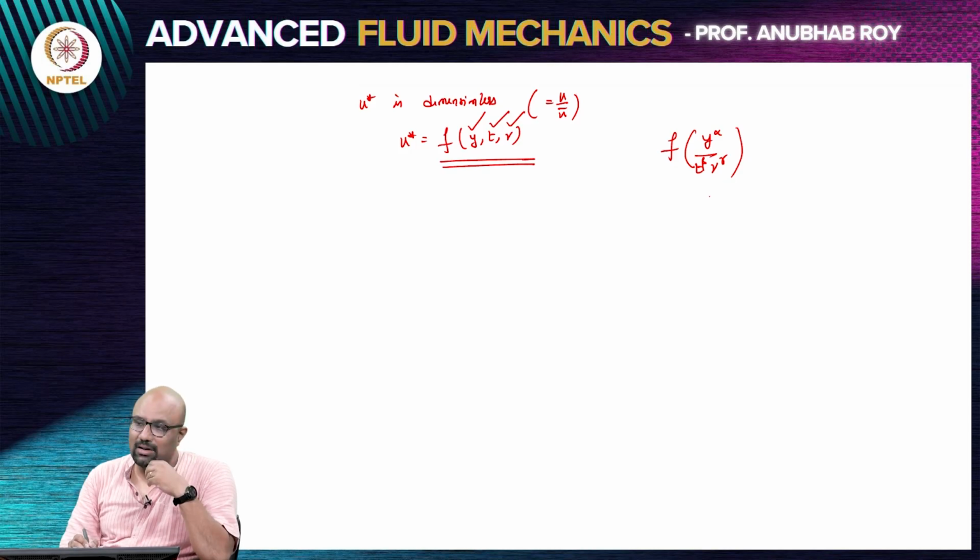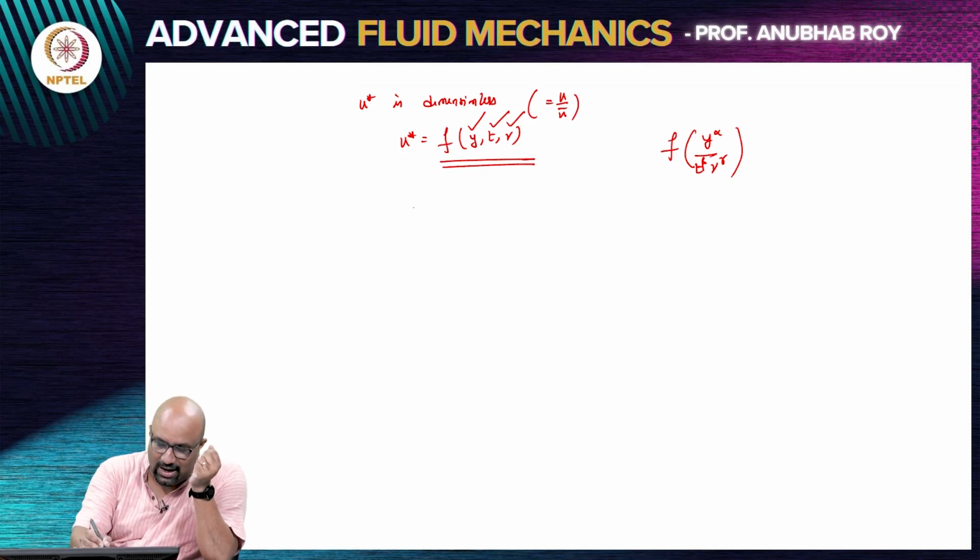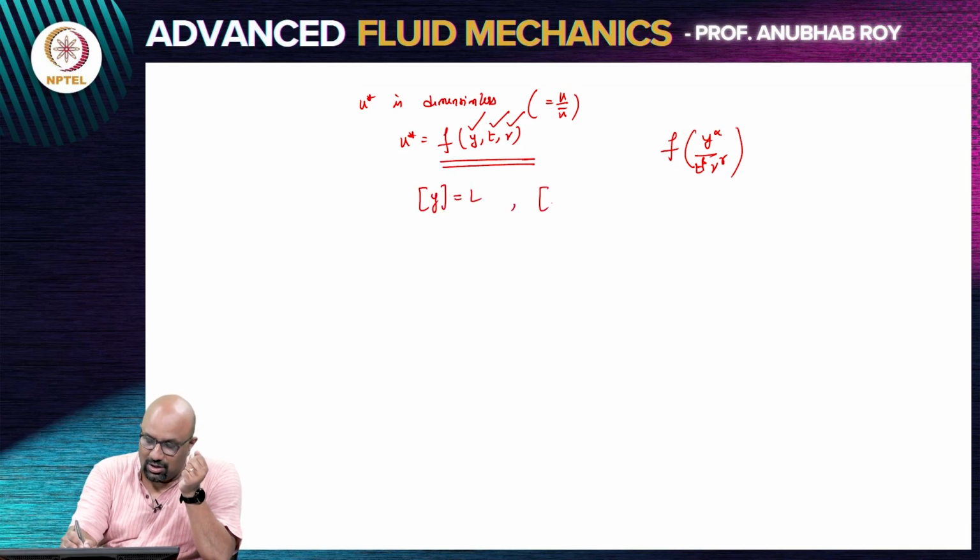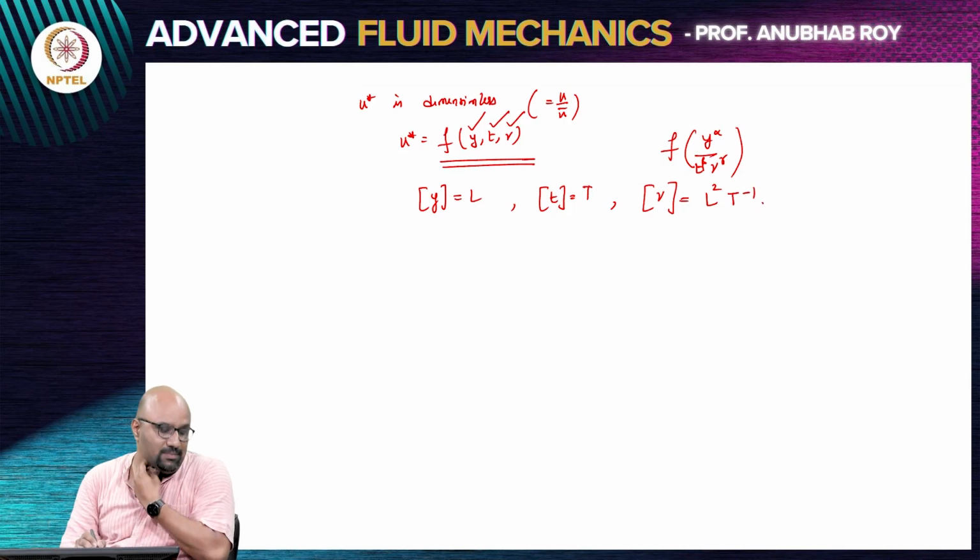So, what is that dimensionless function? Now, that is not too hard, because our question is, do we have a combination of y, t and nu that is dimensionless? So, dimension of y is length, dimension of t is time, dimension of nu is equal to L square T inverse.